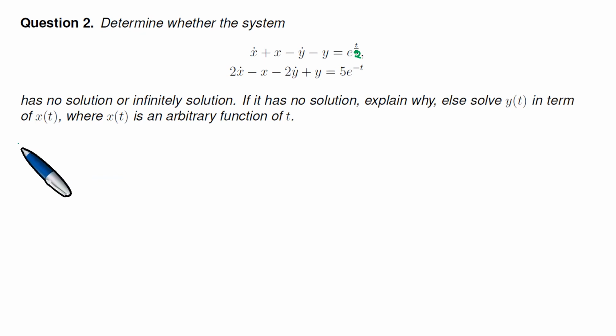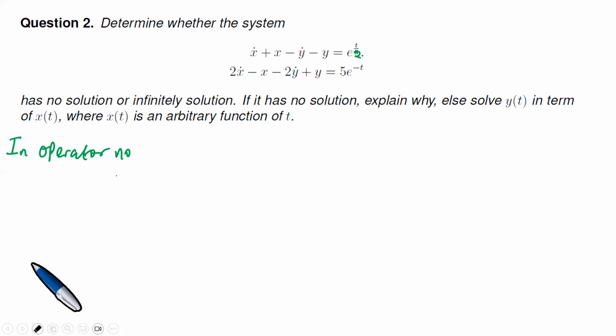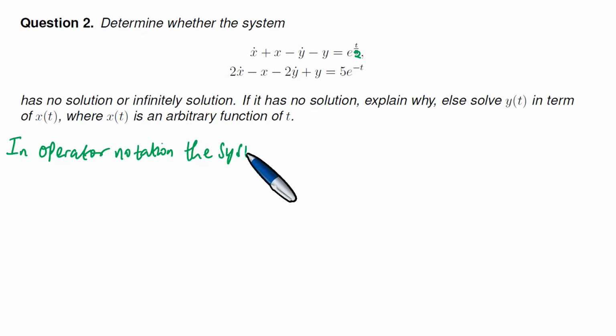To start with this, we say in operator notation, the system becomes... So we need to write the system in operator notation because sometimes they use the dot, the x dot notation, so we can transform that into the operator notation.